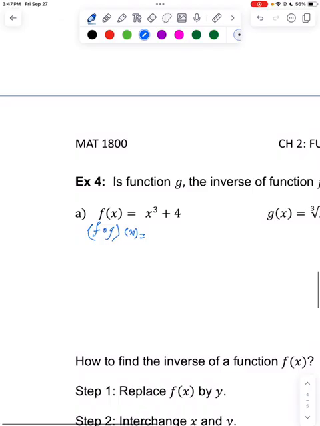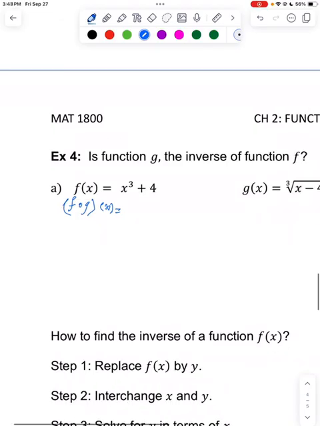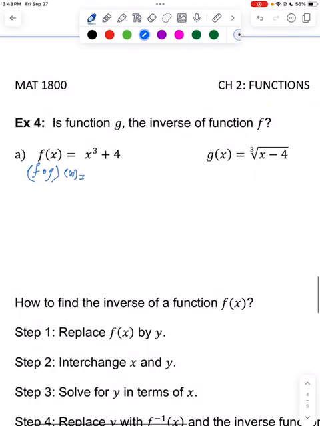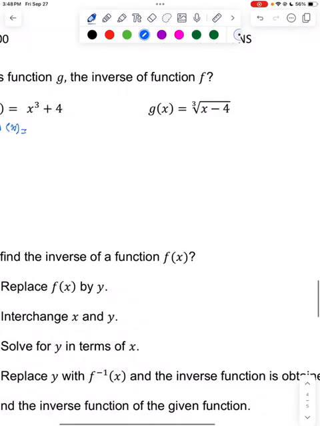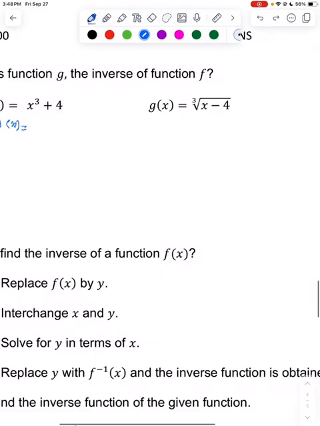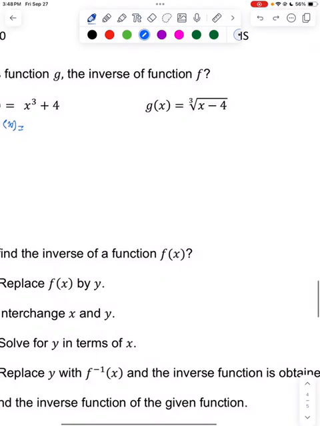So in place of x cubed, I have this whole thing: cube root of x minus 4, and then the whole thing cubed, plus 4.